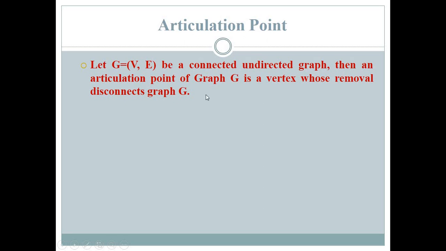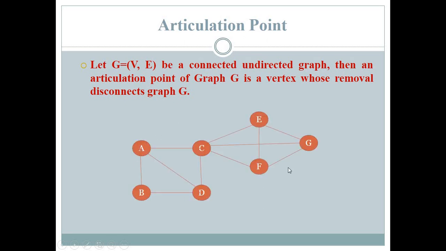Let's understand it by an example. If we have this type of graph, then this graph is connected as well as undirected.